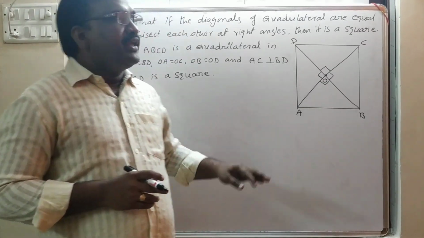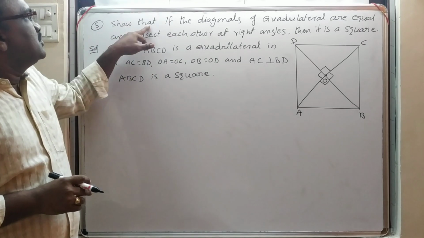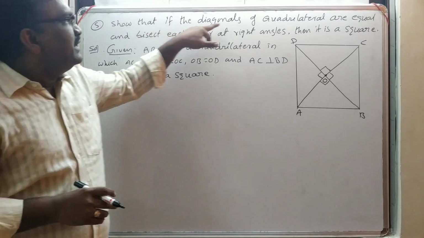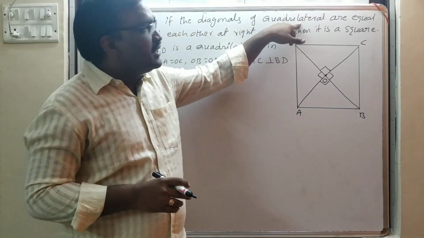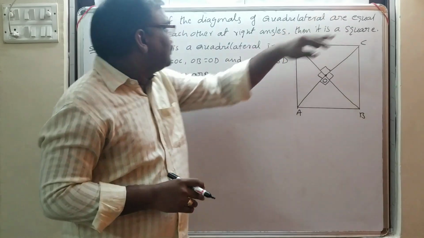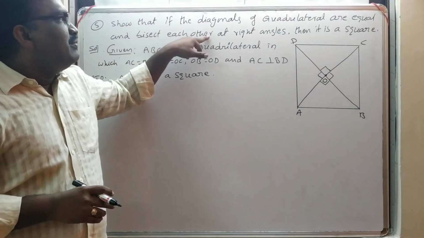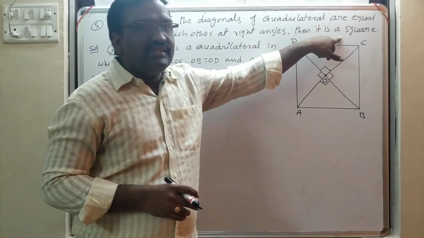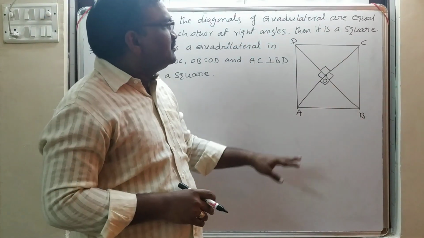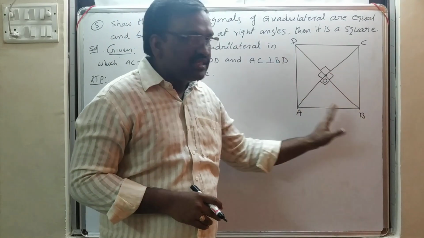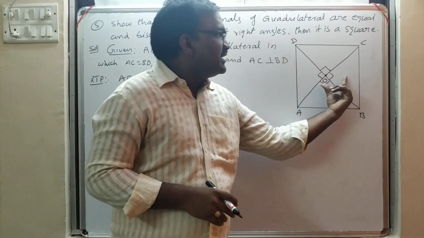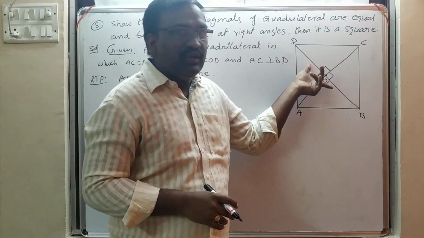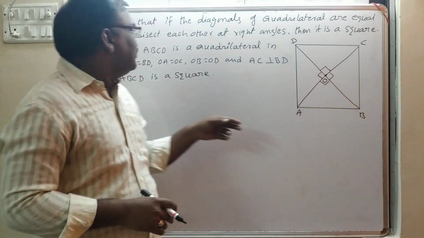Next problem. Show that if the diagonals of a quadrilateral are equal and bisect each other at right angles, then it is a square. Take ABCD, a square, and the diagonals are equal. AC is equal to BD, that is given.